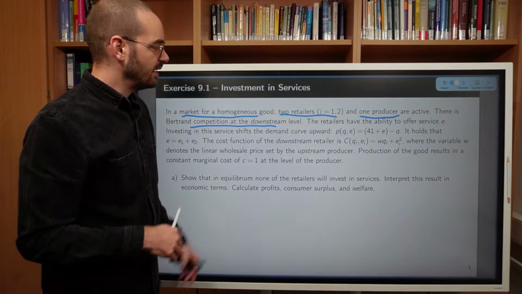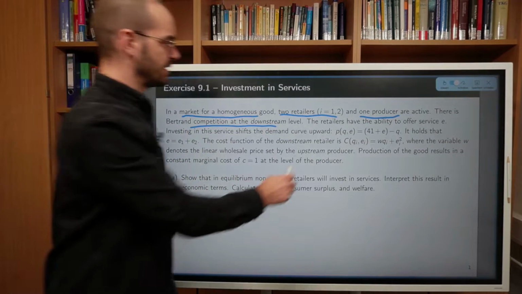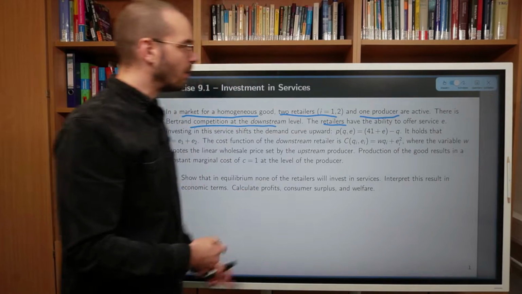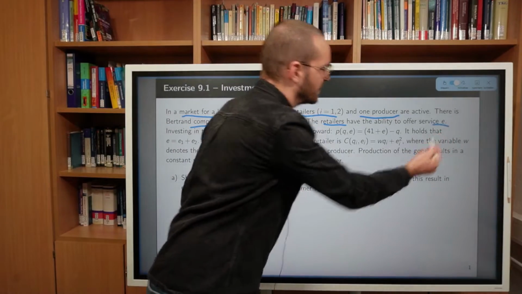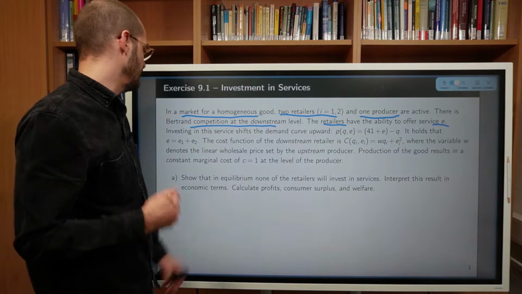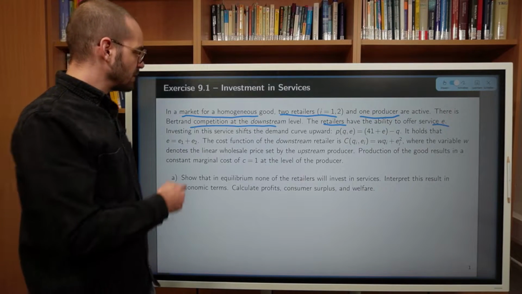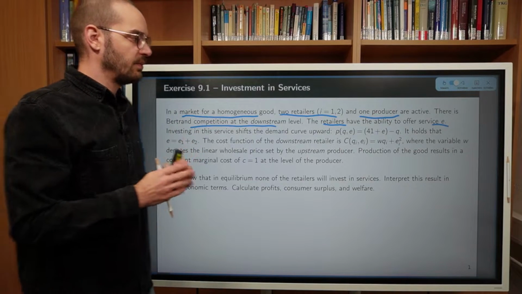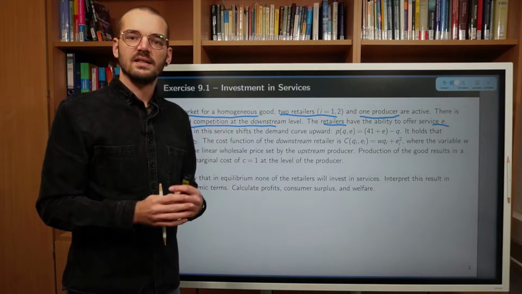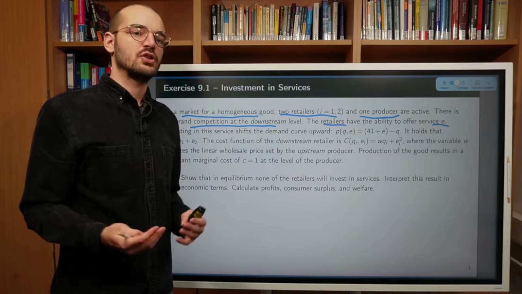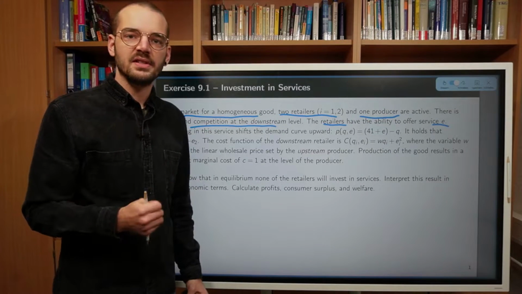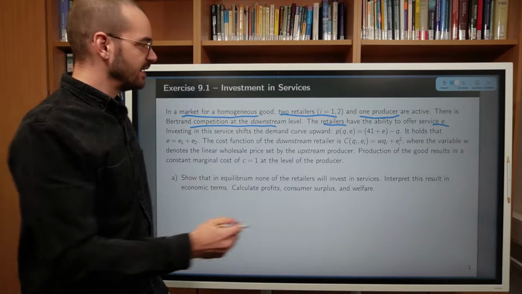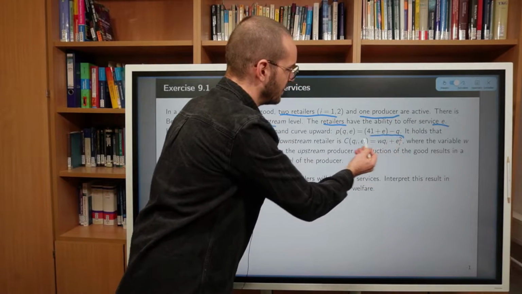We say that in addition, retailers, so the downstream firms, have the ability to offer some amount of service E. Investing into this service shifts the demand curve upwards. That means for any given price, the demanded quantity will be larger for a positive investment in services E. Technically, this looks, for example, like this.